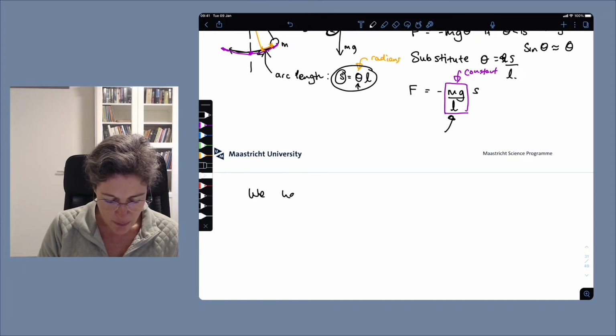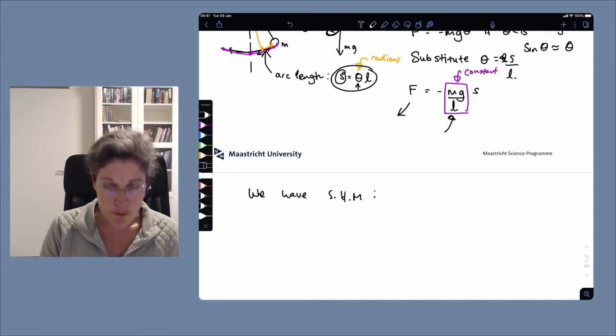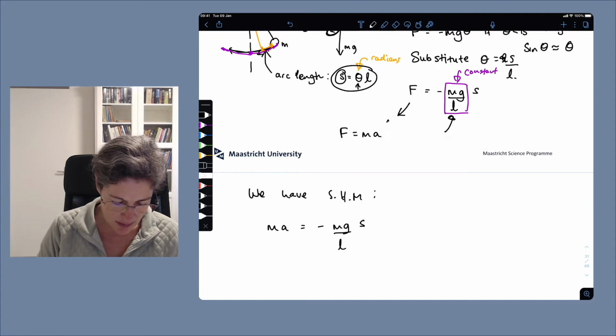So since we have simple harmonic motion, we know how to solve this. We know that our force by Newton's second law is always F equals ma. So we can equate those two, and we have ma is equal to minus mg over L s.